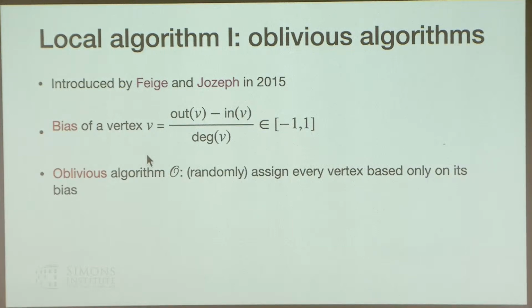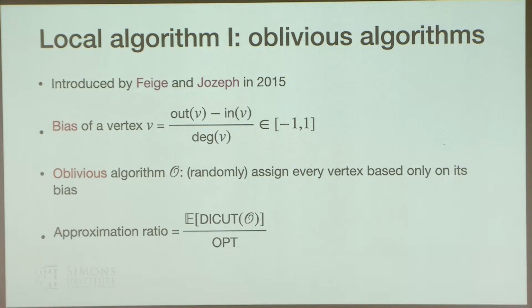In that sense, it's local because when you want to assign a vertex, all you're going to do is just look at what its neighbors are, how many of them are outgoing edges, how many are incoming edges, and that's the information you're going to use to determine what the random assignment is. So that's the oblivious algorithm. And now the approximation ratio of this oblivious algorithm is just the expected value of the dicut it produces to the true optimum.